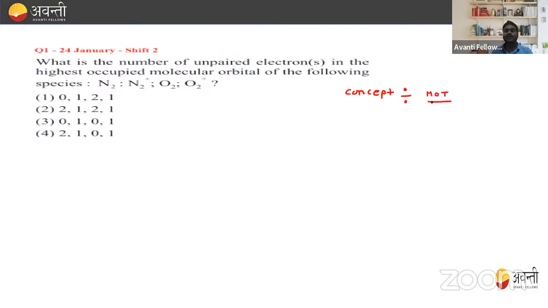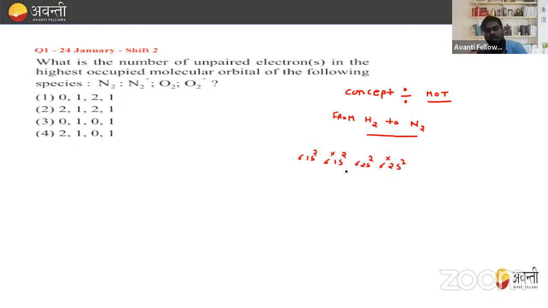MOT theory. So we know that in MOT theory, we have to write the electronic configuration. From hydrogen H2 to N2, we write the electronic configuration like sigma 1s2, sigma star 1s2, sigma 2s2, sigma star 2s2.